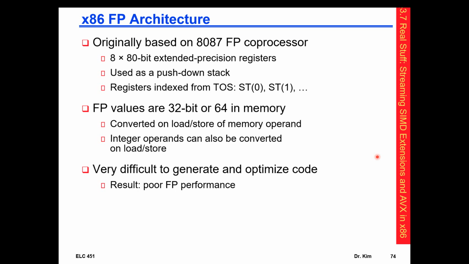Just to give you an idea, it had about 8 80-bit, what they call extended precision registers. The actual implementation architecture was a stack architecture, where registers were indexed from the top of the stack, and the values were taken from memory.